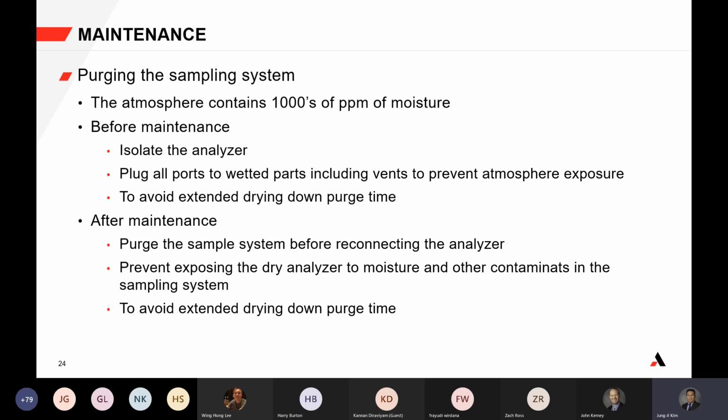Just as a side information, I had earlier mentioned that I am also product manager for trace analytical products. Those are GCs that measure hydrogen, CO, CO2, methane, and we use standard bottles.